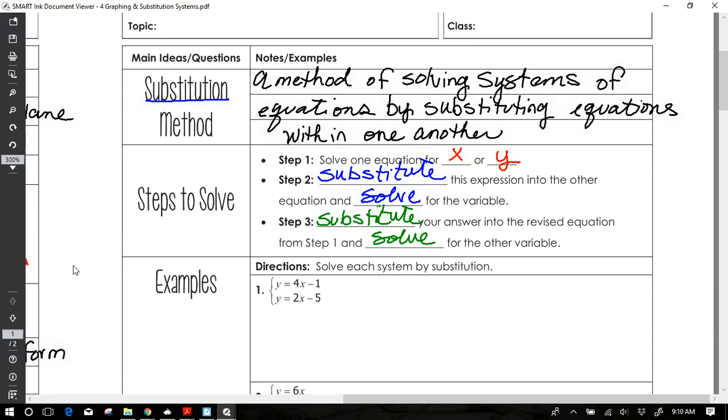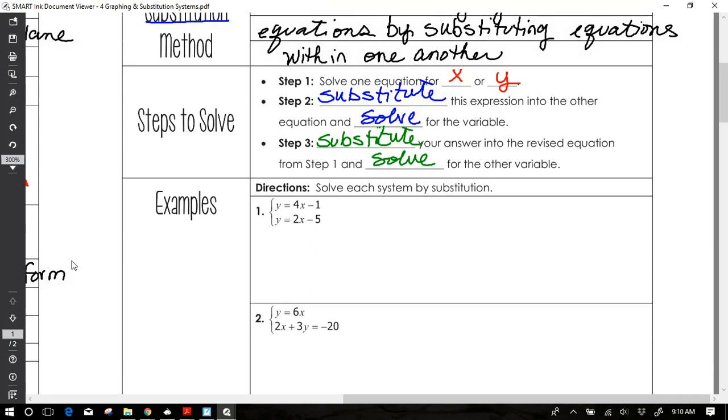Sometimes it'll already be solved for one of the variables, and sometimes we're going to have to do it. Then step 2 is to substitute that expression into the other equation and solve for the variable. And then step 3 is to substitute back in. So let's walk through these steps in example number 1.